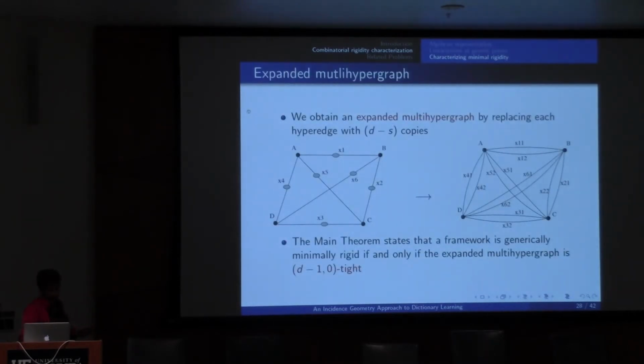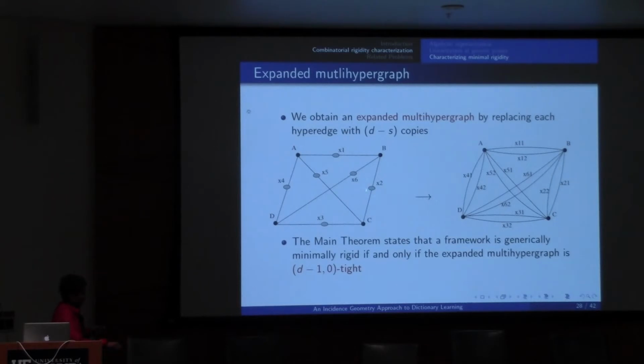We prove this by taking what's called a Tutte-type approach, a fairly standard technique of taking a hypergraph and drawing. There's a notion called sparsity or tightness. So we first produce a slightly expanded hypergraph from the original hypergraph.